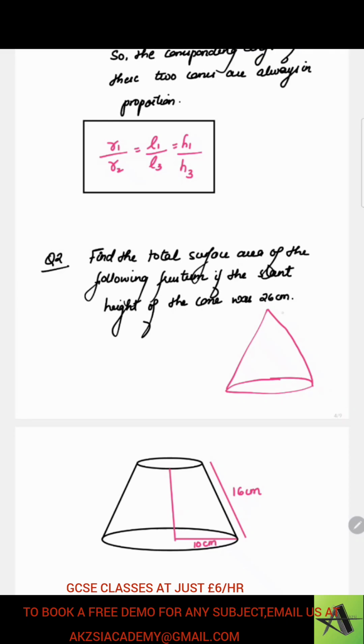This cone has total slant height as 26 centimeters and radius as 10 centimeters. I can clearly see that the smaller cone will be having a slant height of 26 minus 16 because this is 26, and when I took away the upper part, the lower part is 16 centimeters, which means this part is 10 centimeters.